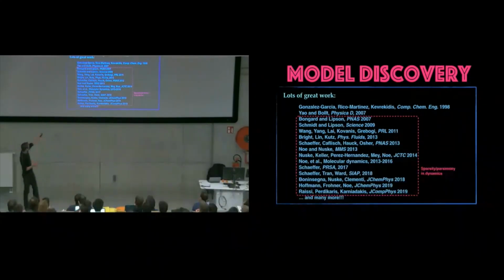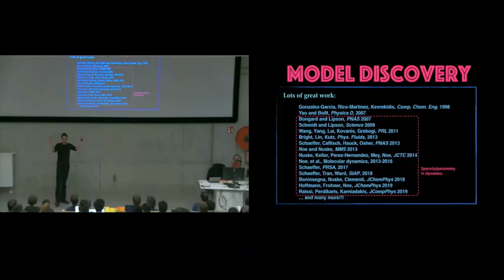This is a tiny fraction of some of the modern papers that use machine learning for system identification. What I'm highlighting in pink here is this recent trend to discover models that are so-called parsimonious. Parsimonious is just a fancy word for greedy. What do I mean by greedy? Remember, we're always balancing accuracy and efficiency.